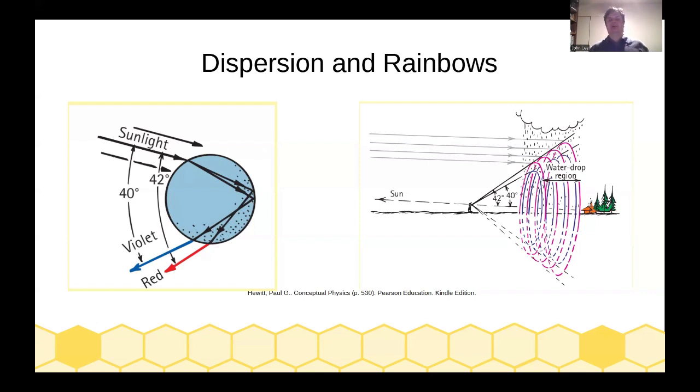This means that when you look at the light that's scattered from the raindrop, it is going to form a cone between 40 and 42 degrees, where you will see a bow in the sky with all of the light scattered into different colors, which is what we call a rainbow.